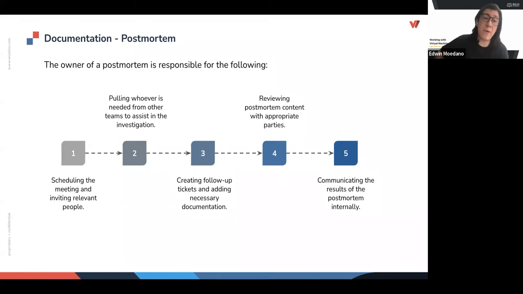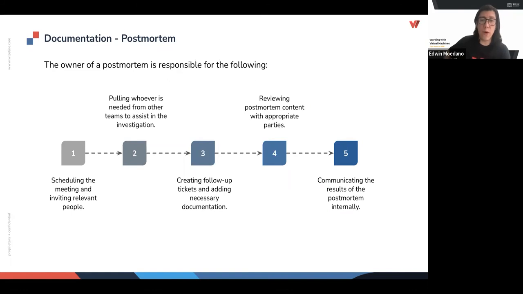Also, pulling whoever is needed from other teams to assist the investigation is really relevant. Maybe we were checking with the software engineering team or the production team, or maybe we need to call someone from our cloud provider, from AWS or GCP. Whoever can help us with this investigation, please try to pull this person into the conversation.